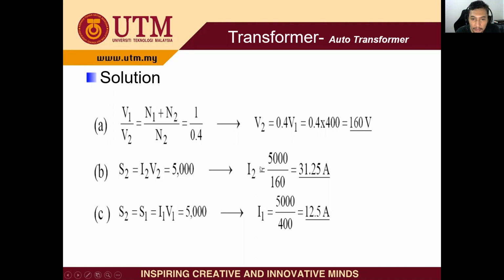So the current that flows in the secondary is 31.25 amperes. To obtain the primary current, we know that the apparent power at the secondary and the primary side is equal. From that, with V1 of 400 volts, we can calculate the primary current equal to 12.5 ampere.